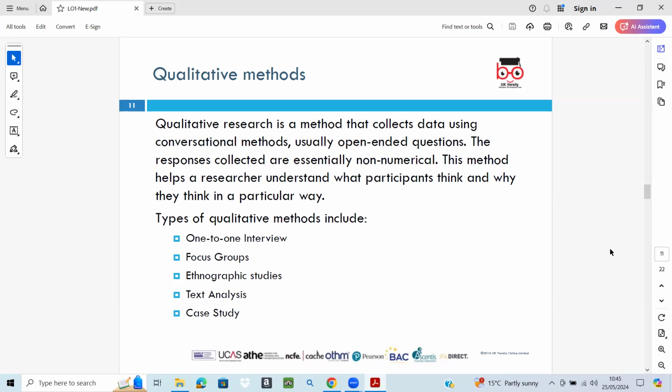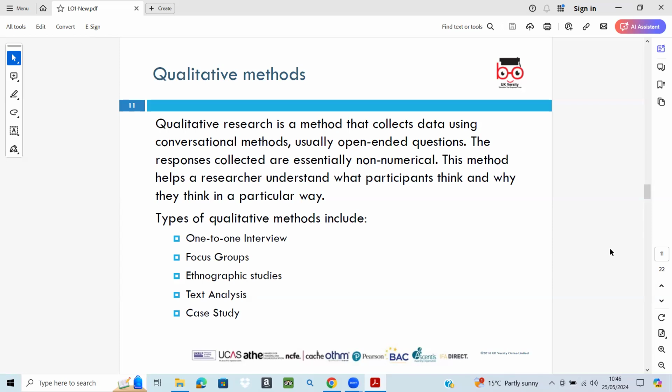Focus groups involve bringing together a small group of participants to discuss a specific topic, guided by a moderator. Participants interact with each other, sharing their opinions and experiences. Then we have ethnographic studies. Ethnographic studies involve immersing the researcher in the natural setting of the participant to observe behaviors, interactions, and cultural practices.